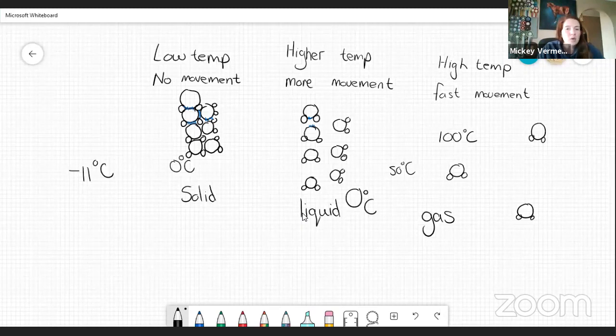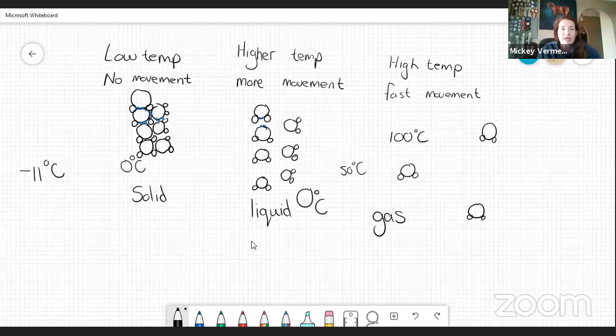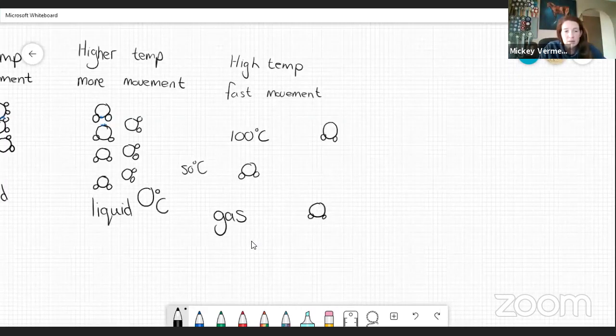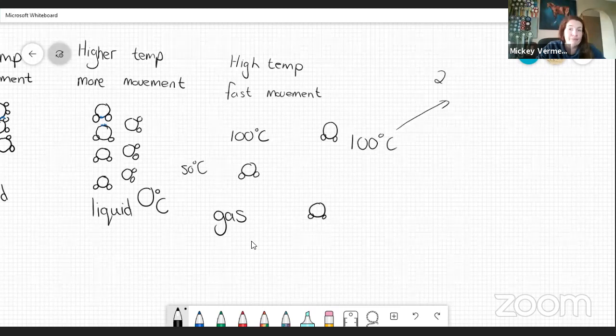So the liquid won't have a temperature above 100 degrees until all the liquid particles have turned into gas particles. And then, if it was possible for us to measure the temperature of the gas, I could increase the temperature of the gas to, I don't know, 200 degrees Celsius.